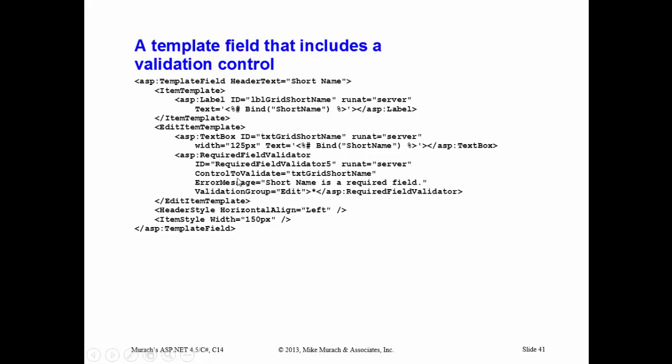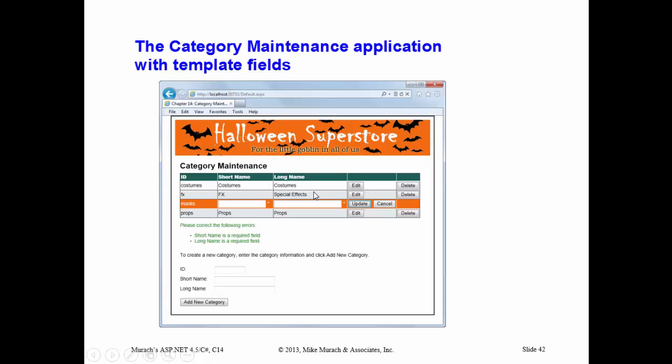Looks like what we did here is we added a required field validator. So we edited a template so we could do some validation. By adding a required field validator to the edit template, we actually didn't change the item template, we changed the edit item template. So when someone's editing something, we're going to make sure that they have to put something in. Does that make sense?